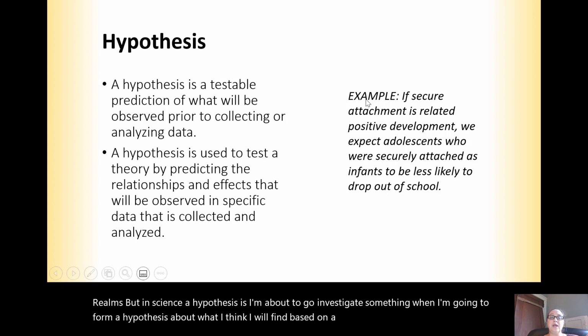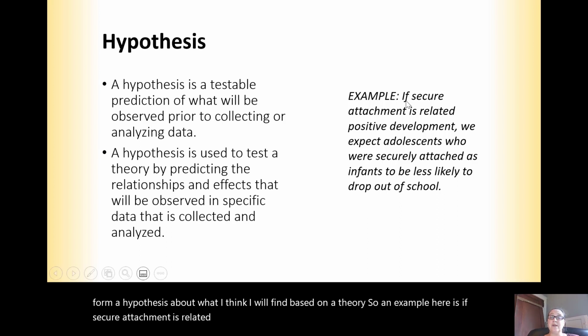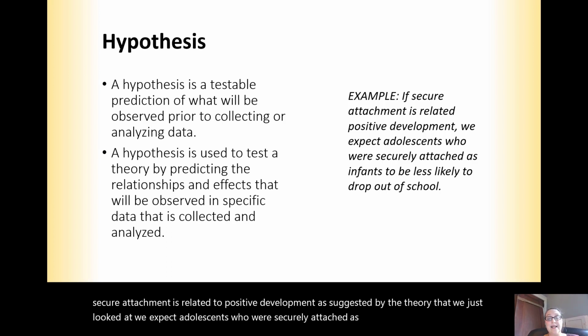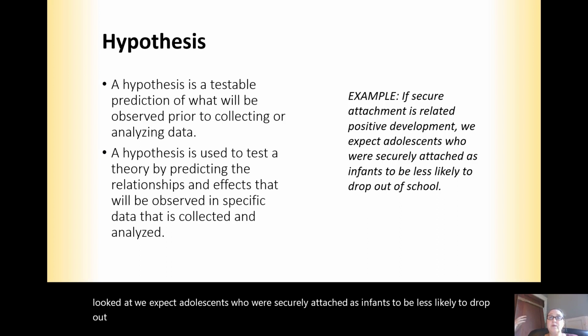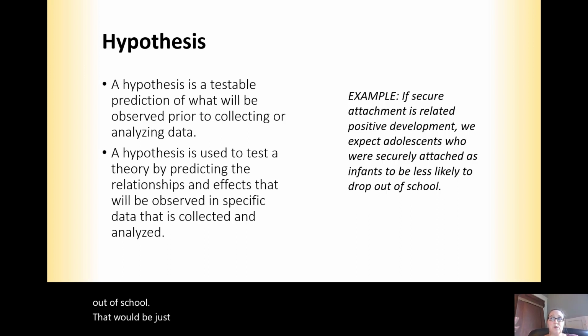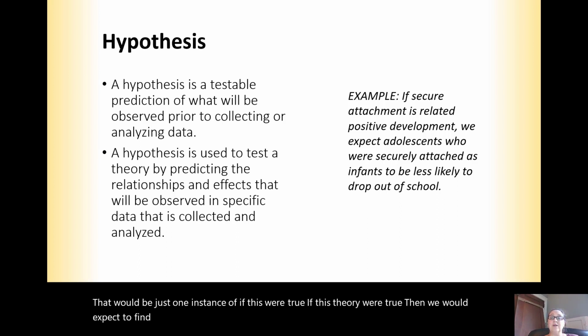So an example here is, if secure attachment is related to positive development, as suggested by the theory that we just looked at, we expect adolescents who were securely attached as infants to be less likely to drop out of school. That would be just one instance of, if this theory were true, then we would expect to find and observe this out in the world.